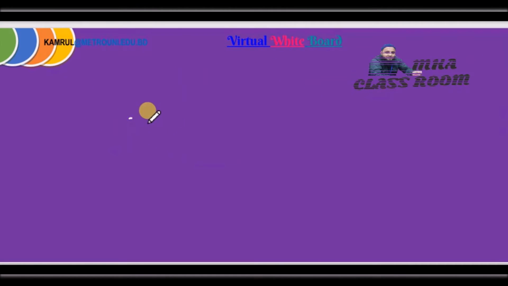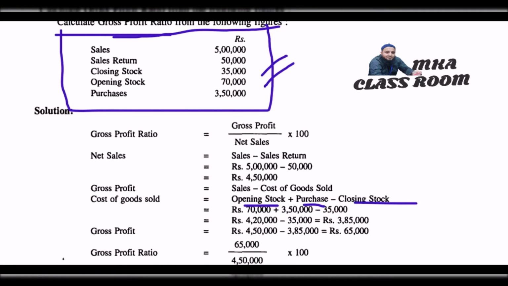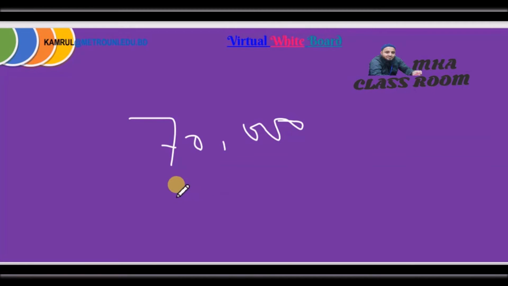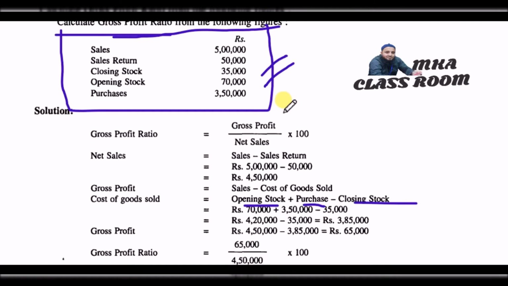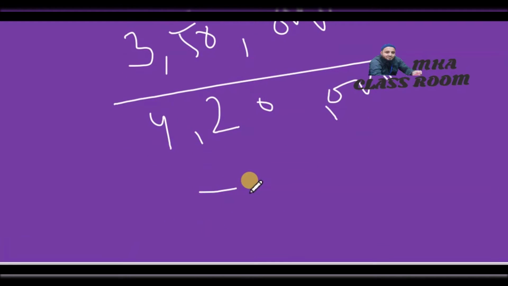Opening stock 70,000 plus purchase 3,50,000 is 4,20,000, minus closing stock 35,000.